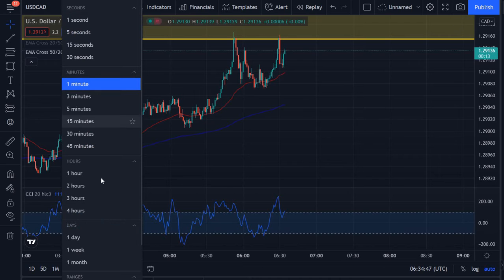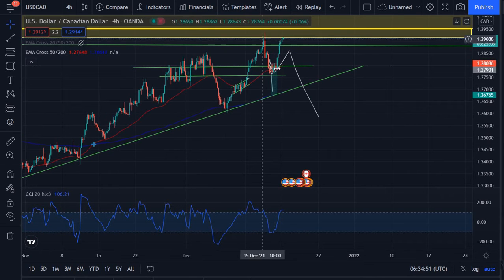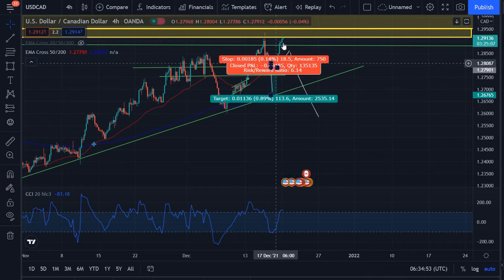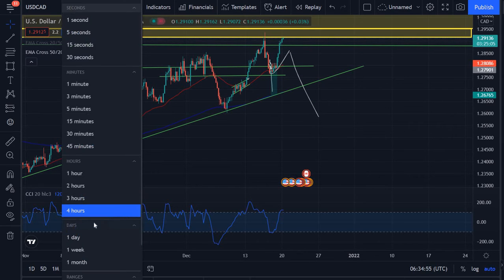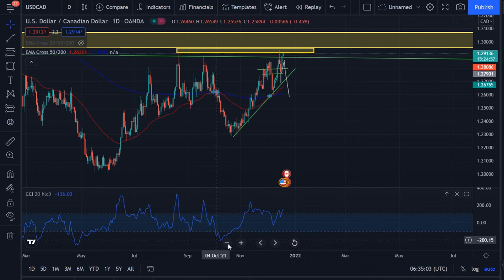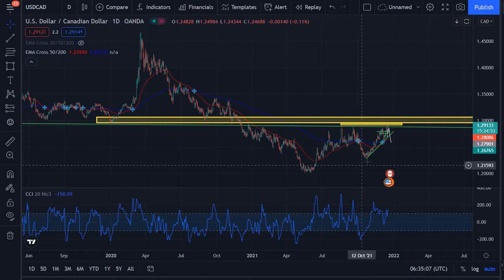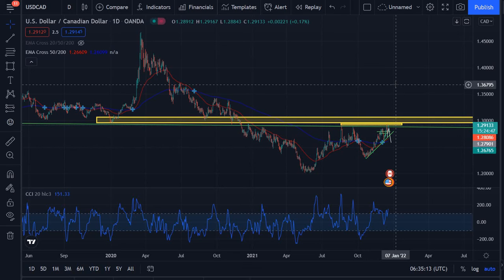At the moment, personally, this is not really a trade that I would look out for to enter either to the downside nor to the upside. Once we break this area, then maybe we could continue to move with the trend to the upside, because here on the daily we have a bullish cross between the 50 and 200 EMA.